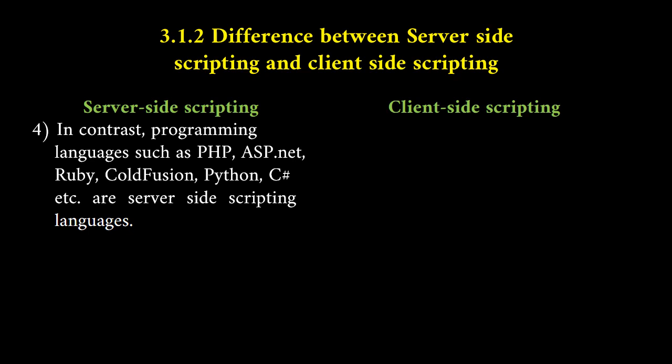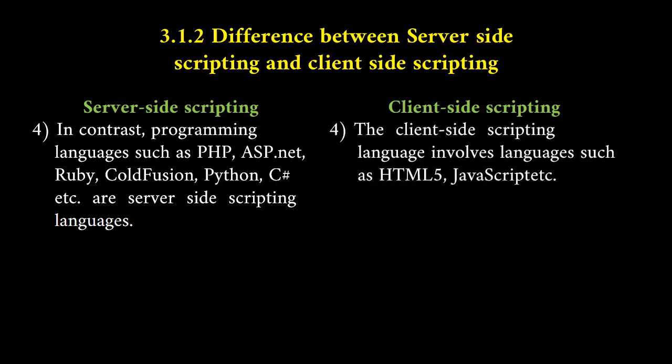Means while writing the program in C, C#, PHP, ASP.NET, Ruby, Cold Fusion, they will show the error once you compile the program. But on the other hand, client side scripting involves languages such as HTML5, JavaScript, etc., because it does not allow you to compile the programming code.